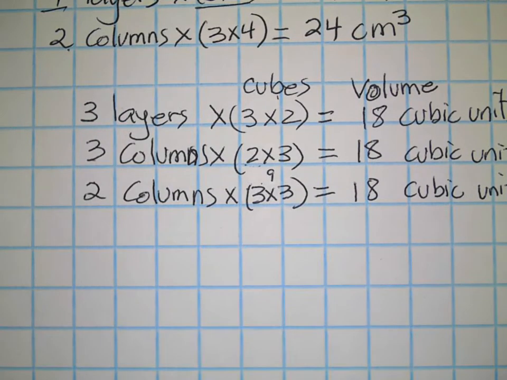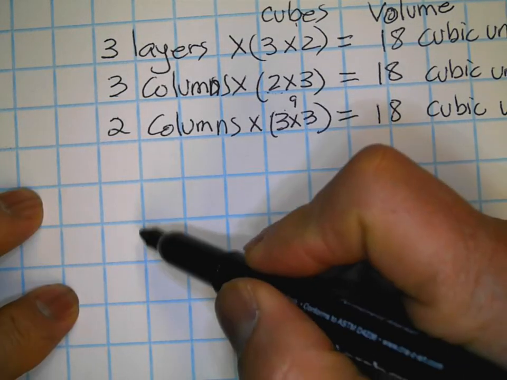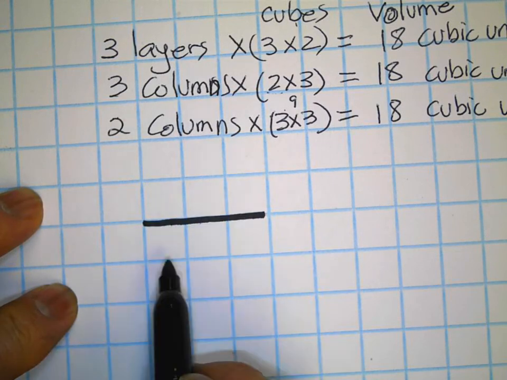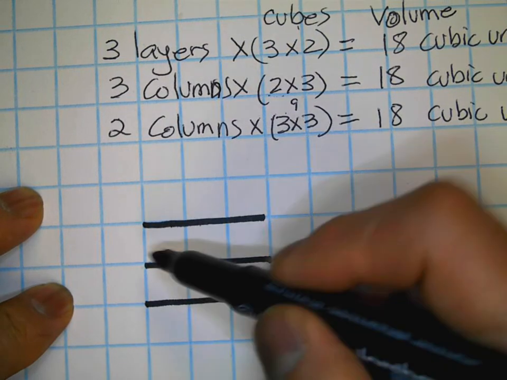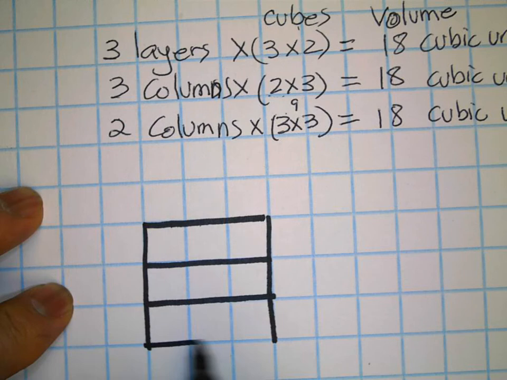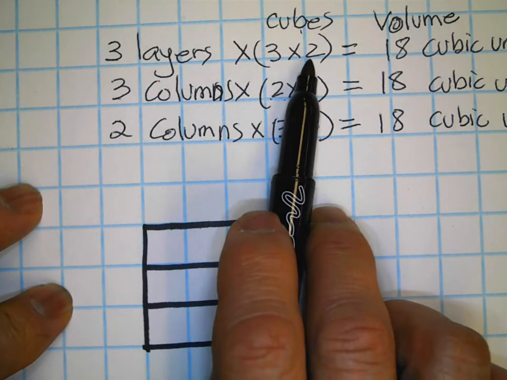Okay, now let me just quickly show you how to create this shape. So it says 3 layers. I'm going to go 3 layers. 1, 2, 3 layers. And then I'm going to show them 3 layers right here. And it says that we have 3 by 2, that's 6.